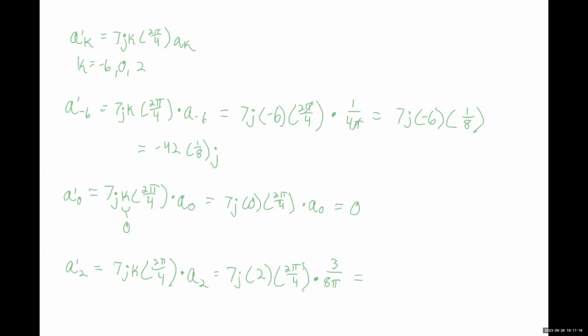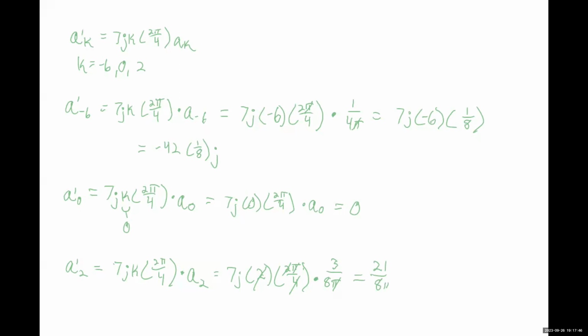Once again, our pi's are going to cancel, and we can cancel these terms as well. 2 times 2 over 4 just gives us 1. We'll get 21 over 8 pi.